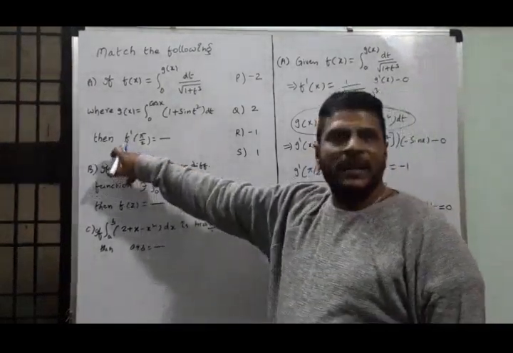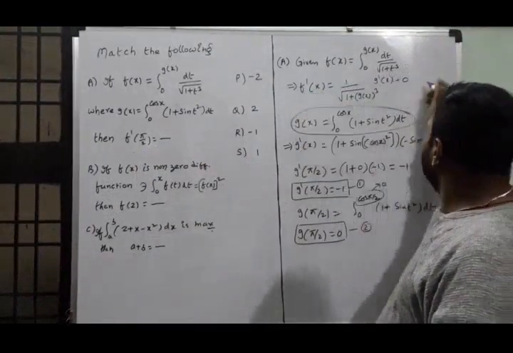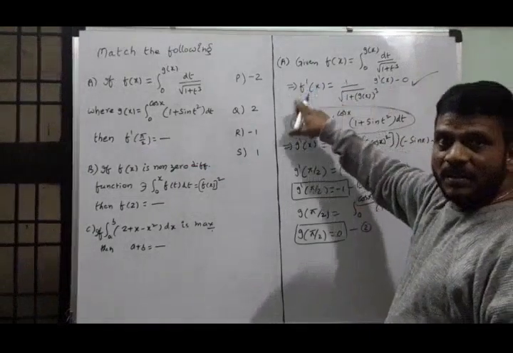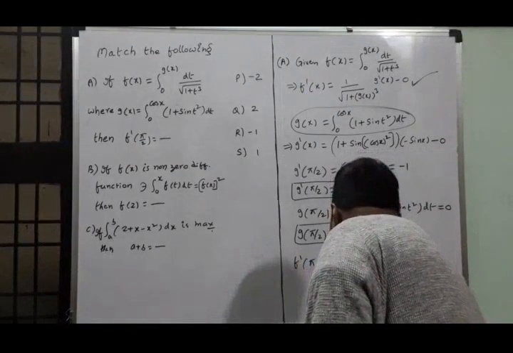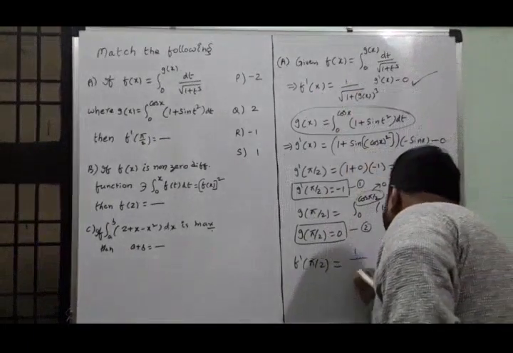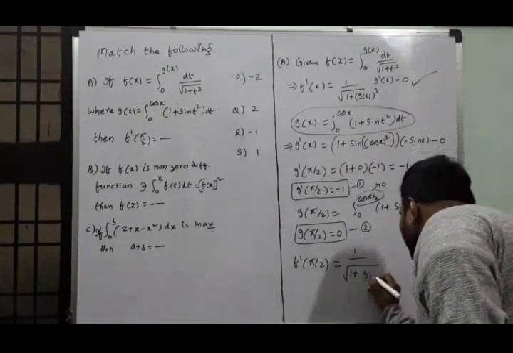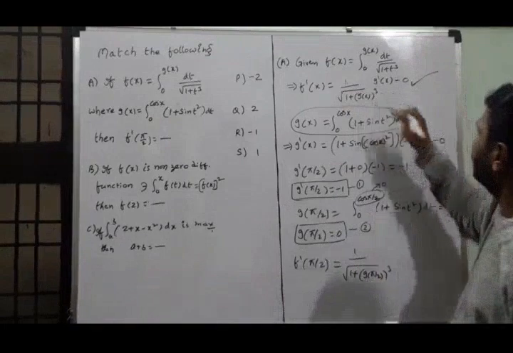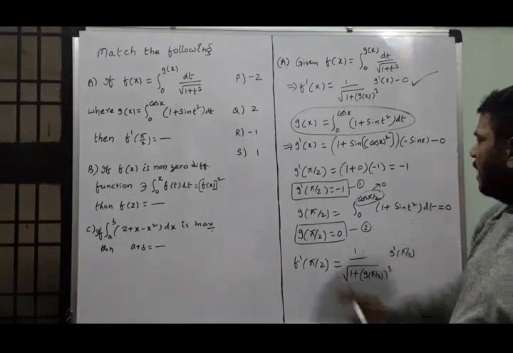Now you need to find out f dash pi by 2. In this step substitute x is equal to pi by 2. f dash pi by 2 is equal to 1 by root of 1 plus g of pi by 2 whole cube, into g dash pi by 2.